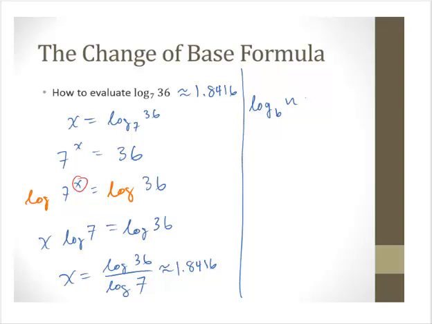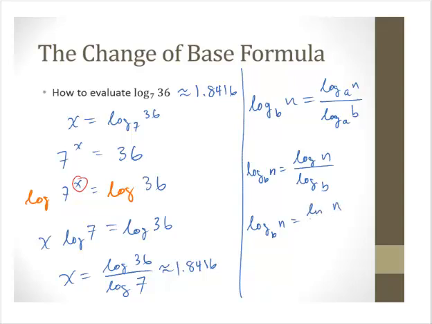The log base b of n is equal to the log base a of n over the log base a of b. What we commonly do is use either the common log or the natural log. So usually we say that the log base b of n is log n over log b, or that the log base b of n is the natural log of n over the natural log of b. This is known as the change of base formula.